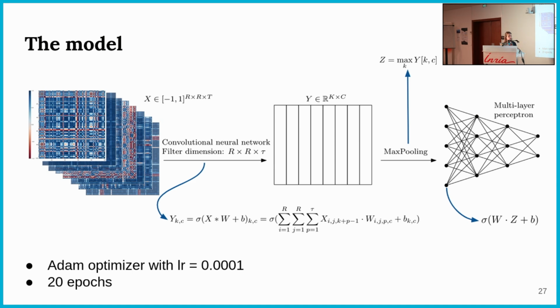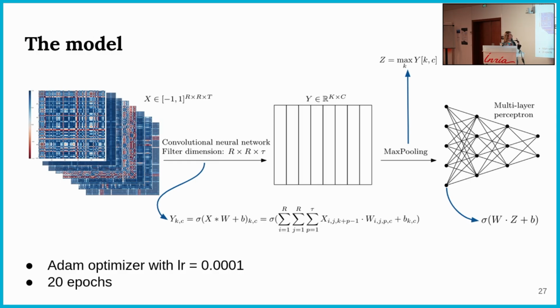The first two dimensions of this filter match the dimensions of the adjacency matrix, and so the filter was just shifting along the time dimension. After that, to reduce the output of the convolutional neural network, we used a max pooling. And after that, a classifier, a multi-layer perceptron with two hidden layers.